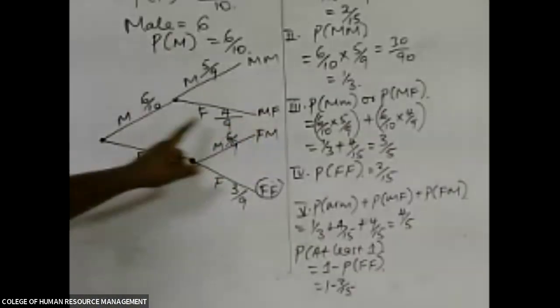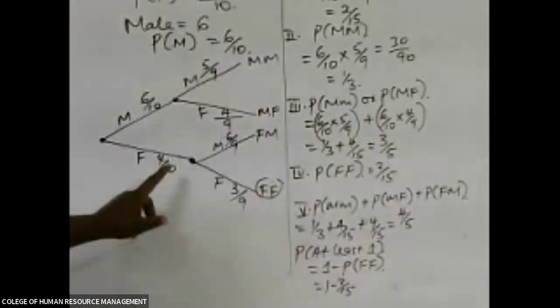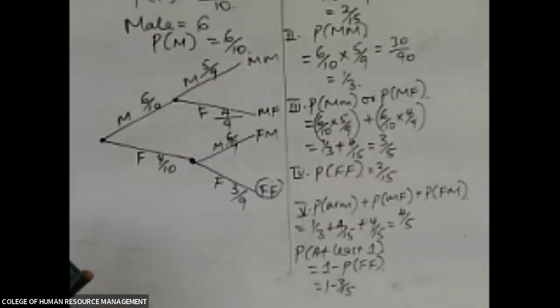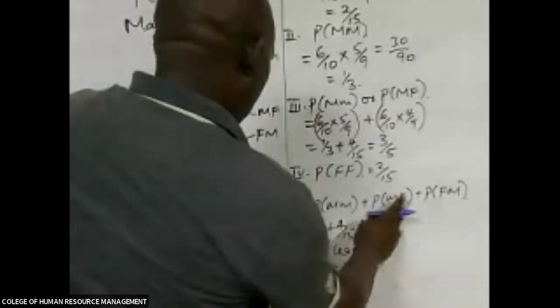Female male, 4/10 times 6/9, is also 4/15. Yes, I think here I've done it wrong.